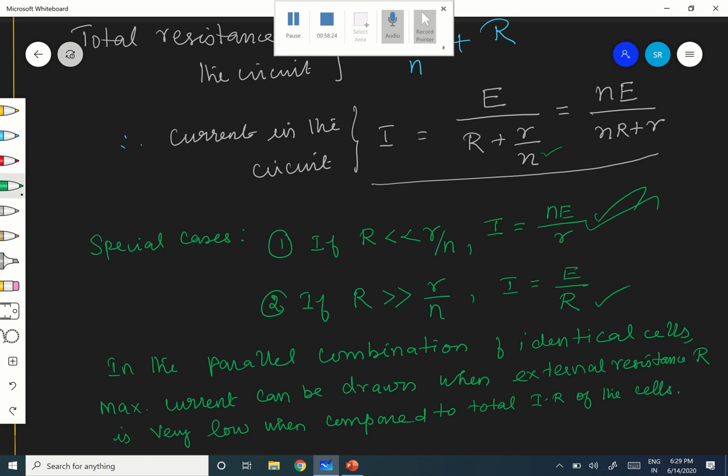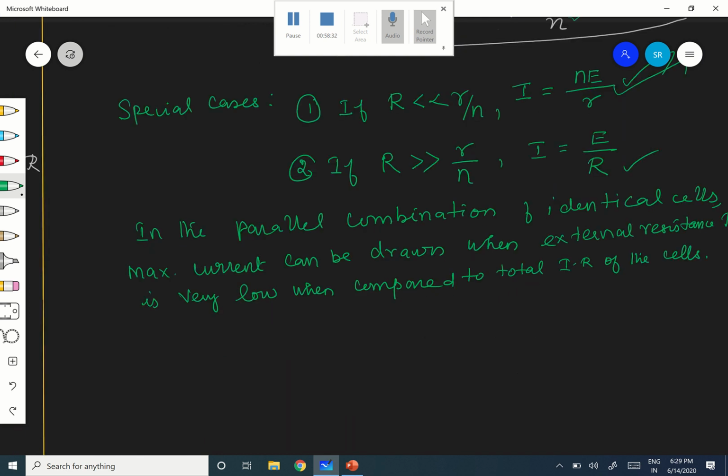This is very important, and it is just opposite to cells in series. In the case of cells in series, the external resistance should be more if you want to draw more current. But here, the external resistance should be very less if you want to draw more current. Is it clear?